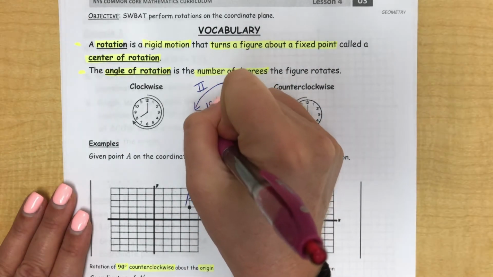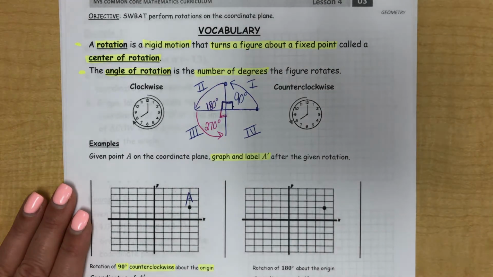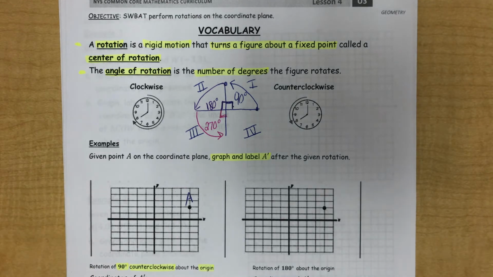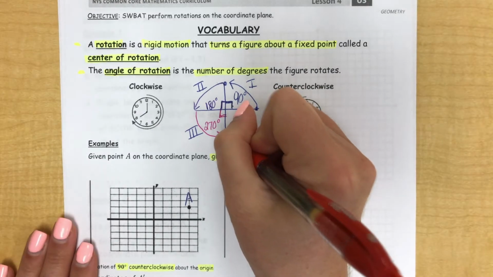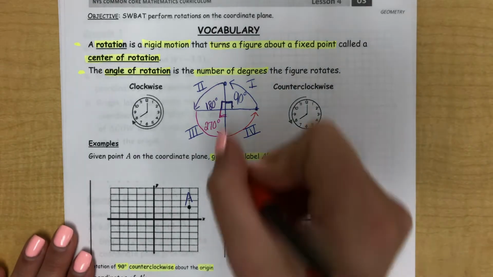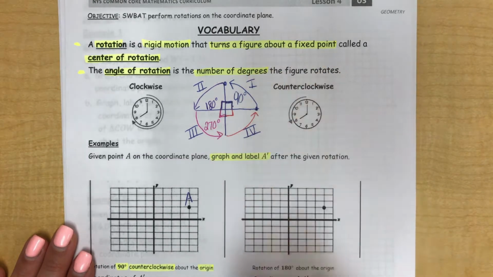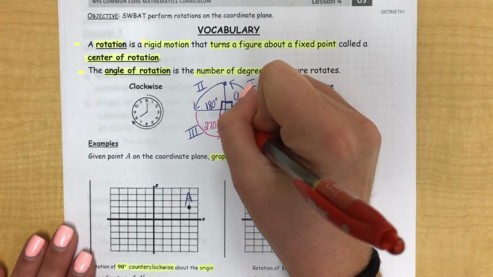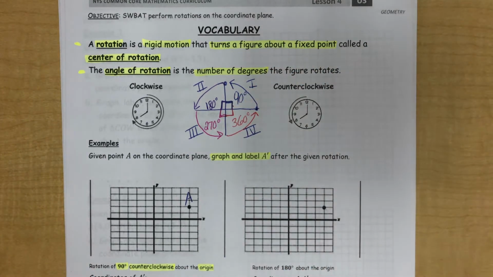That would be 3 turns for 270 degrees. And then to wrap it up, bring it home here, if I were to turn it one more time to get back to where I started, that would be 1 more turn of 90 degrees, and that would be 360, just like a full circle.